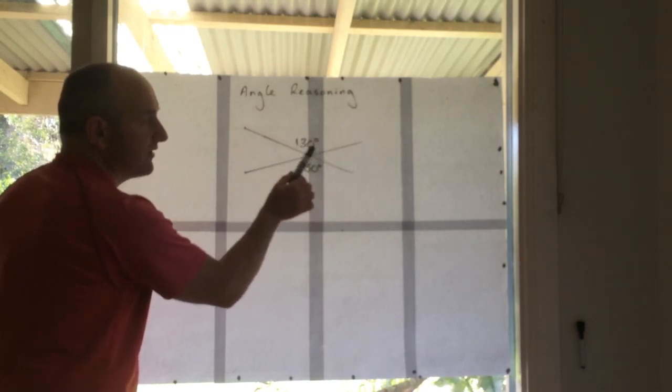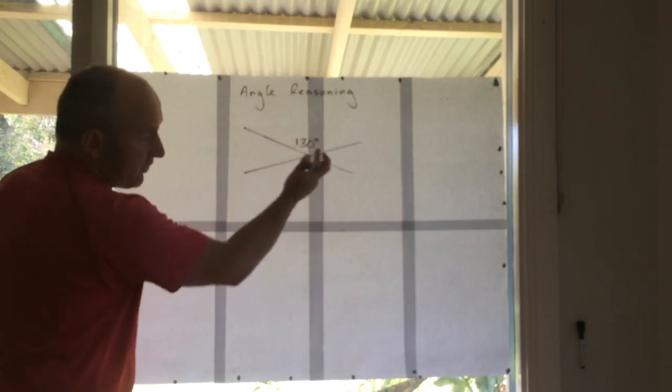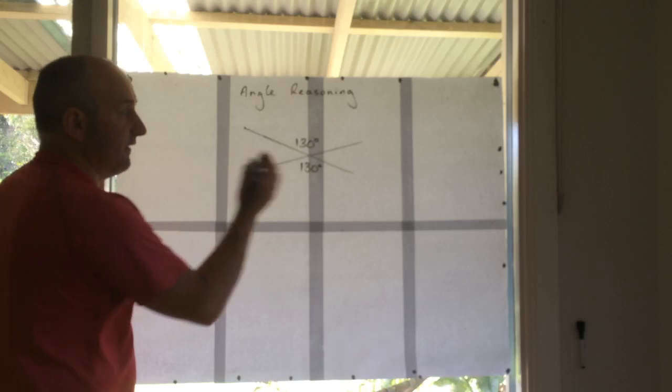These two are supplementary angles, so these two have to add up to 180, so this must be 50 degrees.